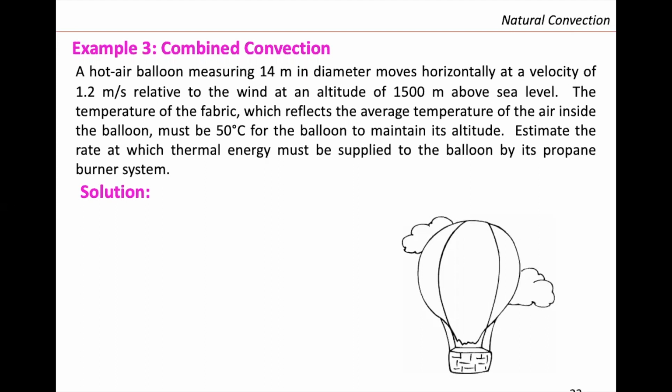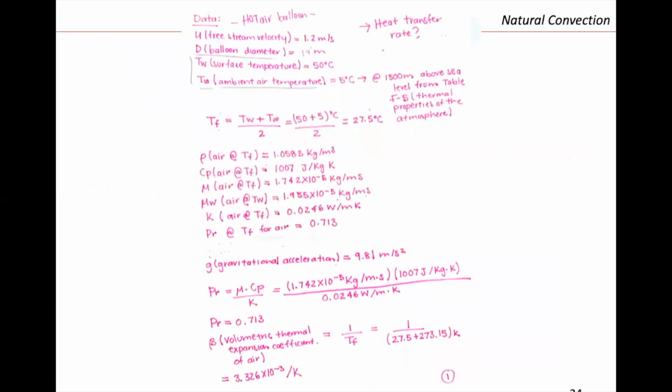That is the same as the air inside the balloon, to maintain its altitude. Estimate the rate at which thermal energy must be supplied to the balloon by its propane burner system. So we need to know the heat transfer rate we need to supply by the propane burner system to maintain this balloon.